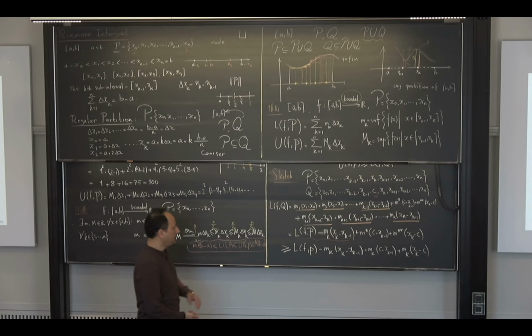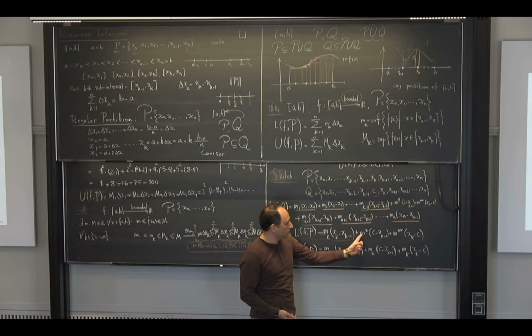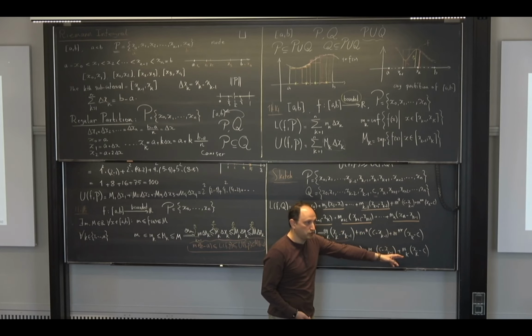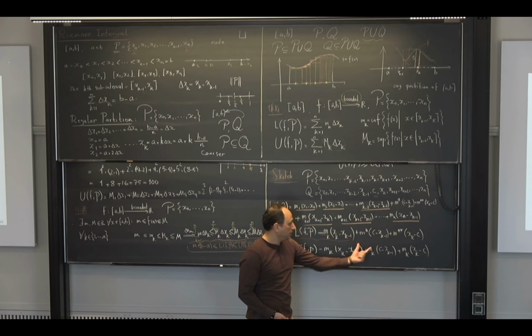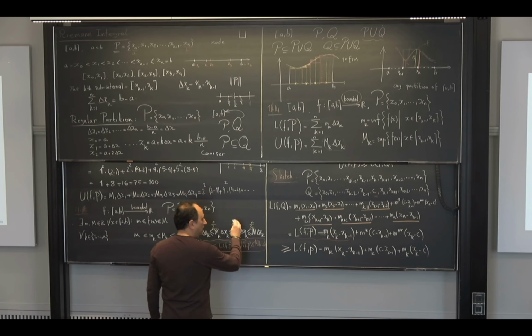So you see, I didn't touch this part, copy and paste. What I did is, instead of m star, I put m sub k. And instead of m double star, I also put m sub k. And I just copied and pasted this one. So in principle, what I am claiming is this one. If you agree with this one, we are done. Do you agree that m star is greater than or equal to mk?